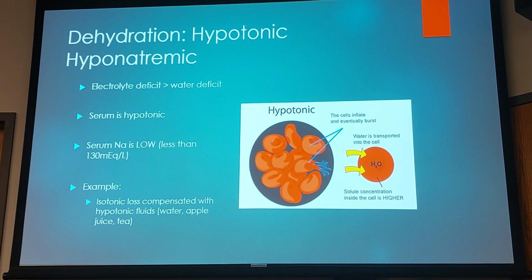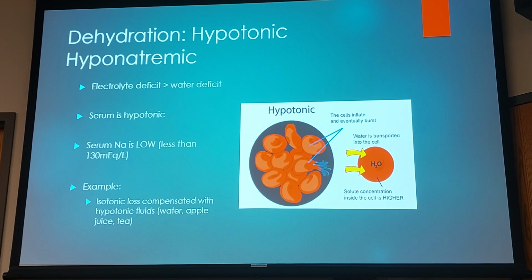We can have this hypotonic, think of the hippo, inflated red cells, right? If we're hypotonic, that means lower solutes in the blood, which means that water's going to shift into the cell. That's the end result, but you start out with that hypotonicity, right? So the electrolyte deficit is greater, so our losses of electrolytes are more than our water.